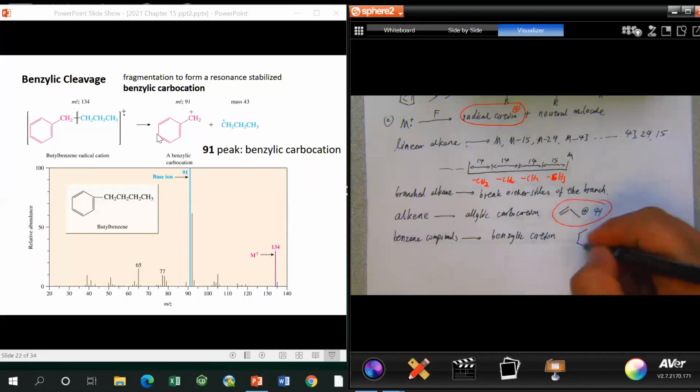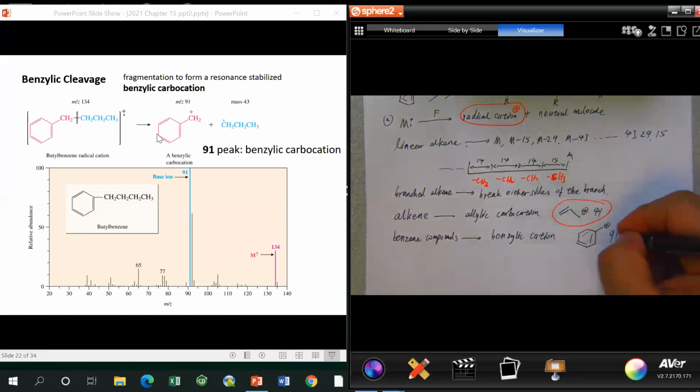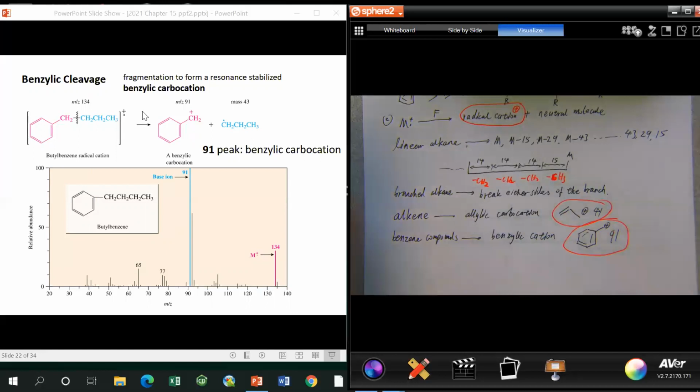This one is probably the most stable cation we have learned so far. The mass of your benzylic cation is 91. Because of the high stability of this species, the base peak is normally the 91 peak, also very unique for benzene. So if you see a 91 peak, 99% there is a benzene ring in the molecule.